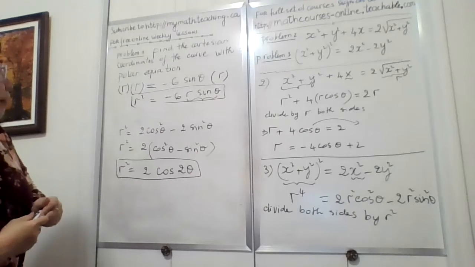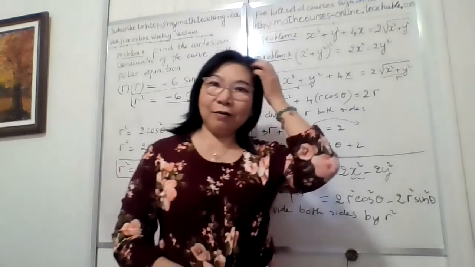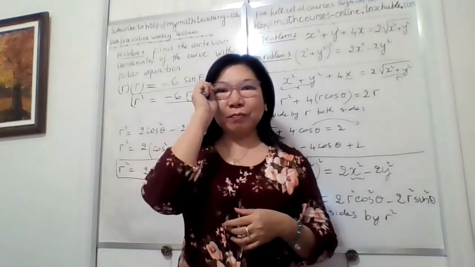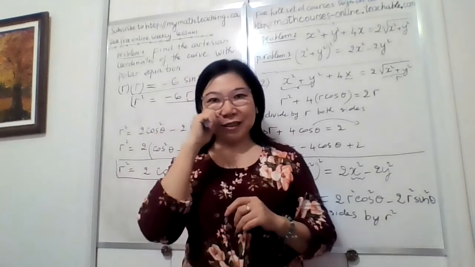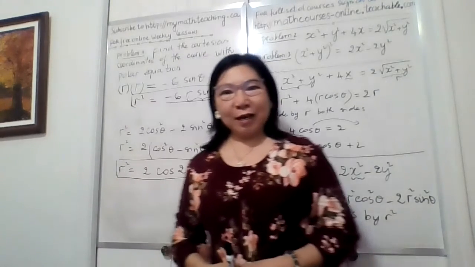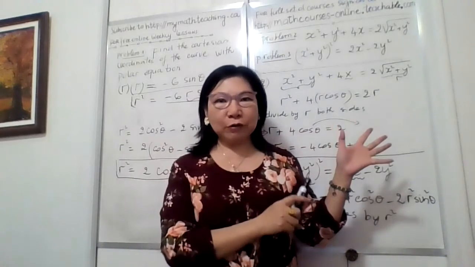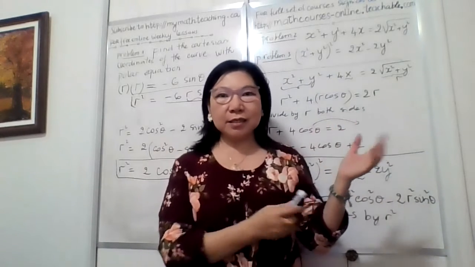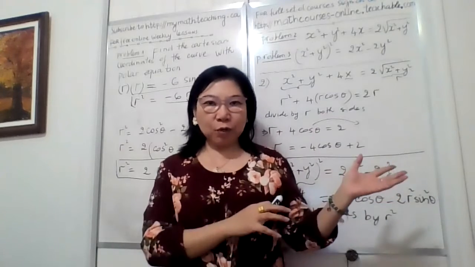Again, this is another short video for our bonus unit section in our second course. In the first video, I showed you how to convert from Cartesian to polar coordinates and go backward.